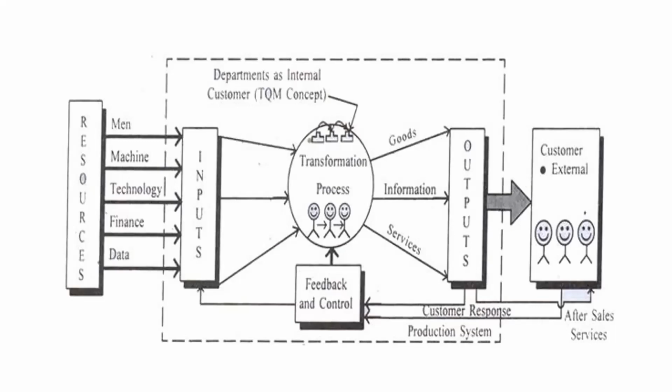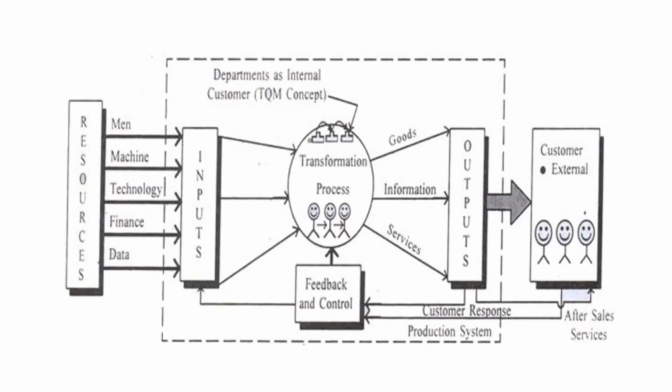When we input the required inputs to the process, then the conversion or transformation process can happen. And after transforming, it delivers the goods, information, service, like any outputs, to the customer. So outputs go to customers.